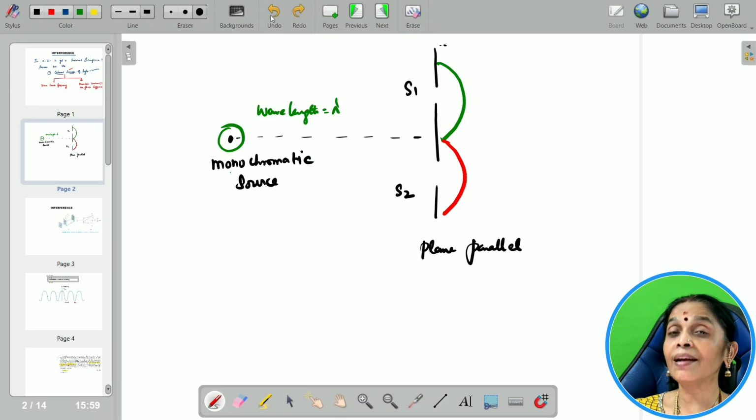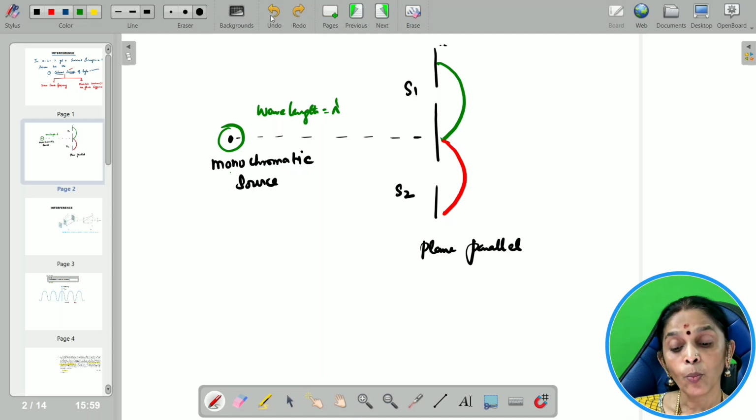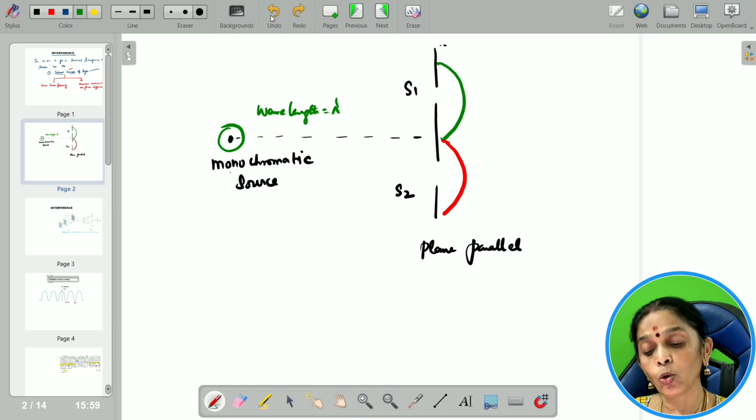You can see here the crest of the first wave, S1 wave, green color, and the crest of the second wave, that is from S2. Both are arising at the same time from the monochromatic source and fall on the slits, and from slits S1 and S2 at the same time they emerge out.